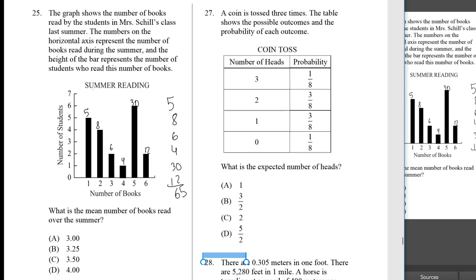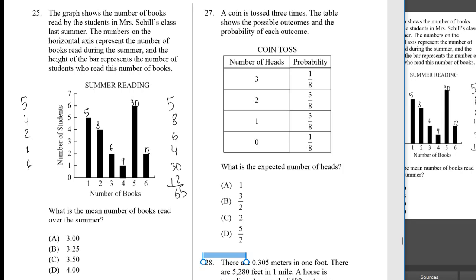So in terms of the total number of students, we have 5 students who read one book, 4 students who read 2 books. You have 2 students who read 3 books. Then you have 1 student who read 4 books. Then you have 6 students who read 5 books.